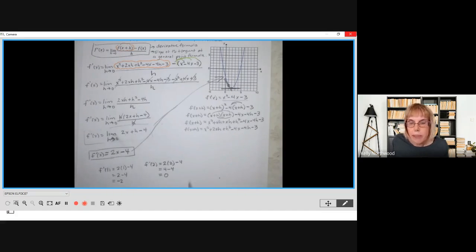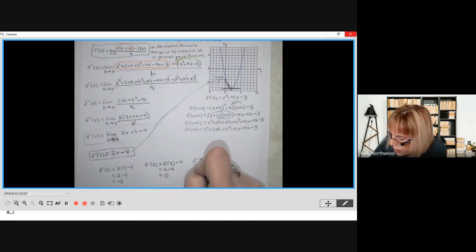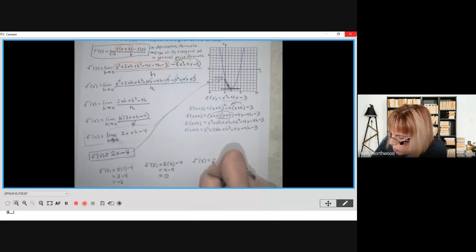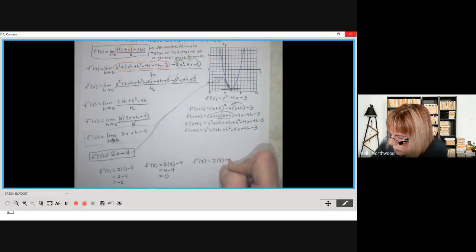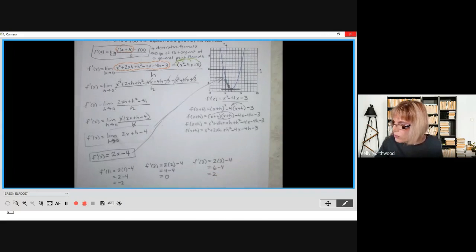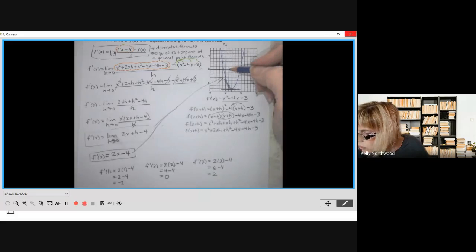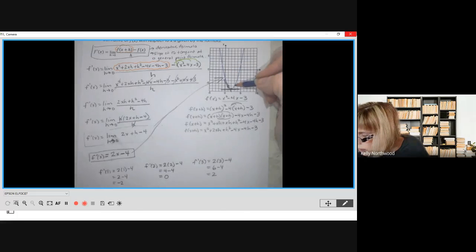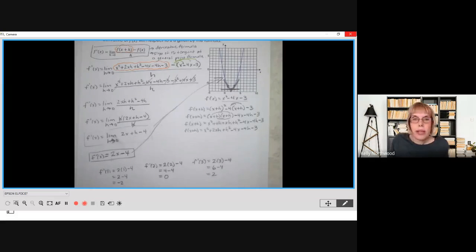So again, that makes sense to be the slope of the tangent. When x is 3, the slope of the tangent would be 2 times 3 minus 4, which is +2. So x being 1, 2, 3, there's my corresponding y value. And it does make sense that the slope of the tangent would be 2 there.